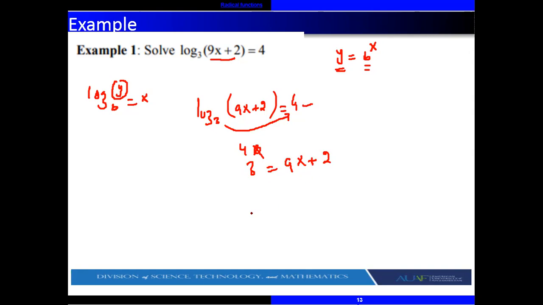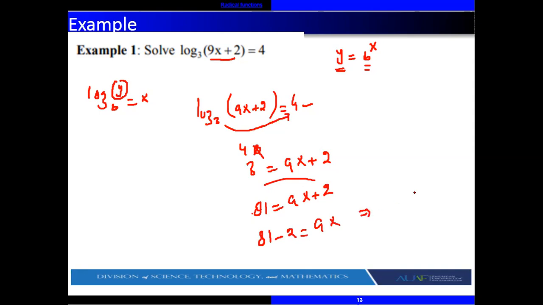Or how we can write 3 power 4? I think we can write 81. Yes, 81. So 3 multiply 3 multiply 3, so we can write 81. So this side is 81, 9x plus 2. So when you transfer 2, 81 minus 2 equal to what? 9x.